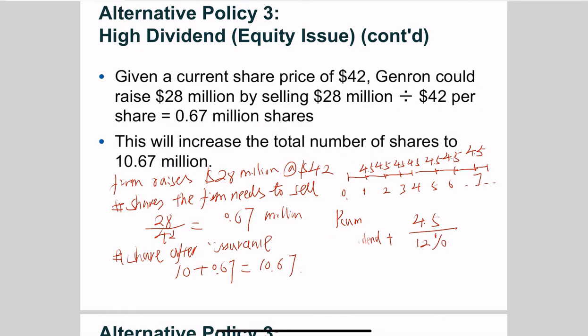Well, the amount of dividend is just $48 million divided by the total number of shares. Because remember what the firm has done. The firm wanted to pay out $48 million. So the firm issued some new equity. And now the firm indeed has $48 million. However, the number of shares has increased from 10 to 10.67. So that's why dividend is given by this number.